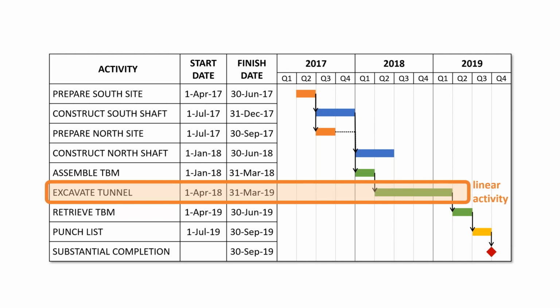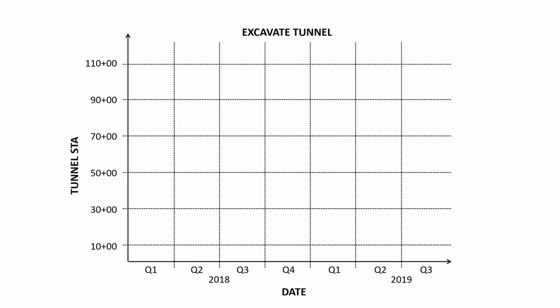So now James will present this same schedule in another format. Go ahead. A lot of times on projects like this, because the schedule does not show location, engineers will create another chart like this with the tunnel stationing here, the location, and the time.